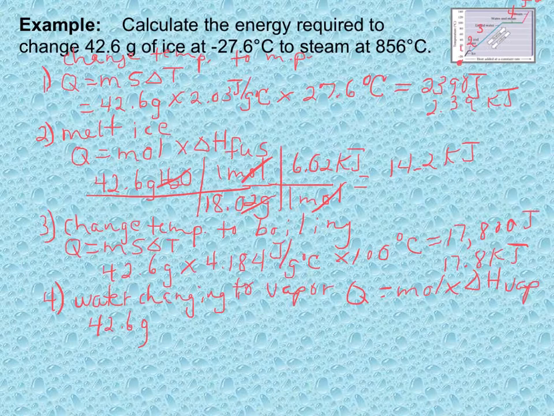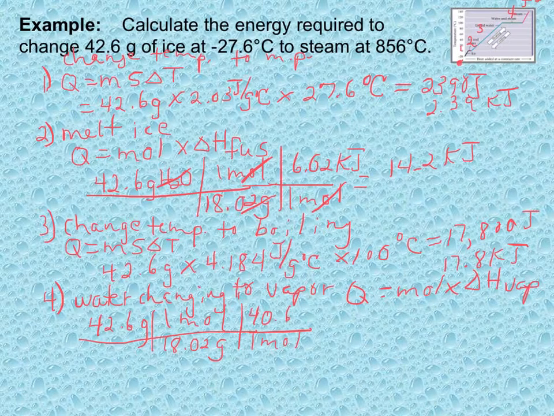We just learned that. We're going to divide our grams by the molar mass of water again, and we're going to use that information for every 1 mole of water. It requires 40.6 kilojoules to vaporize it. And the answer to step 4 is 96.0 kilojoules.